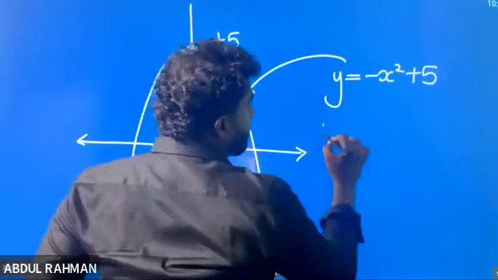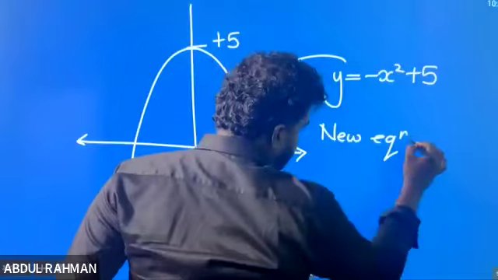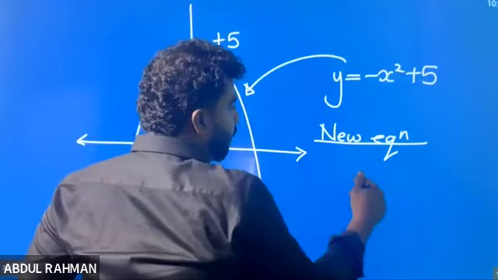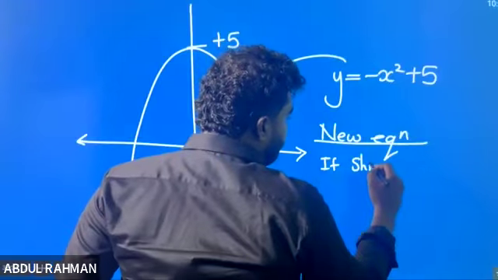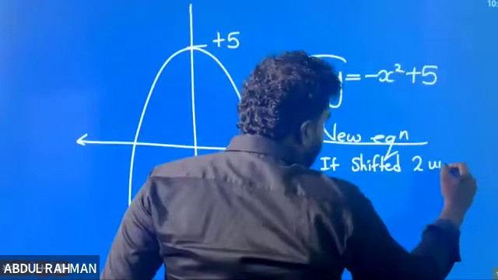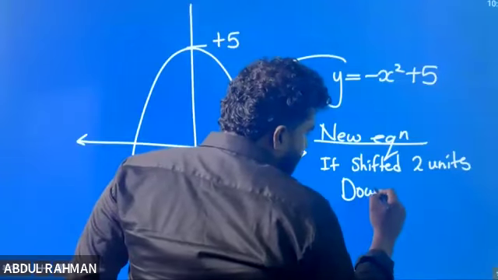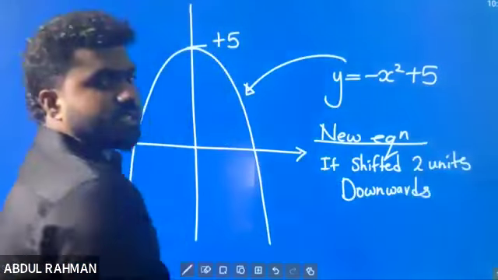Now they are asking the new equation if the graph is shifted 2 units downwards.